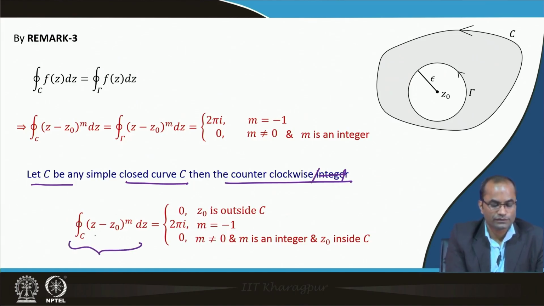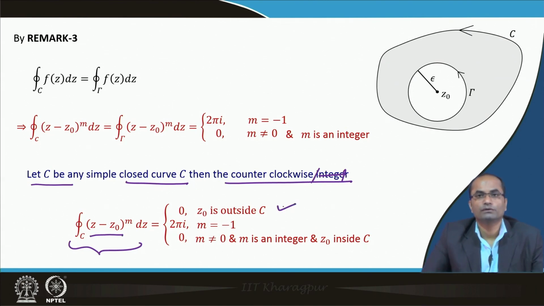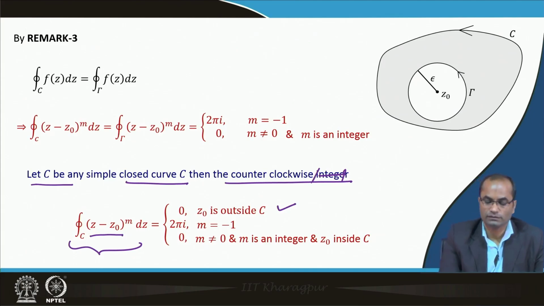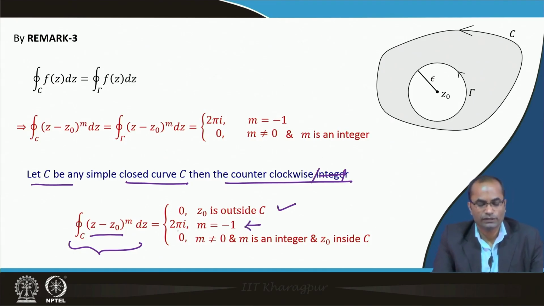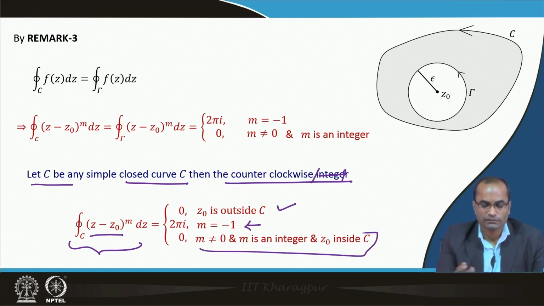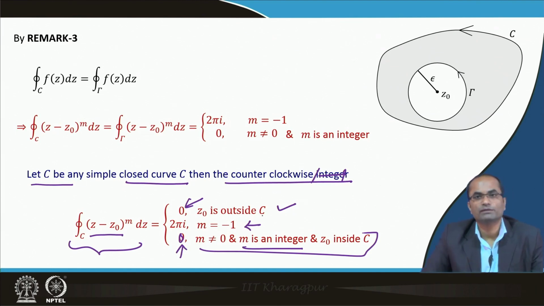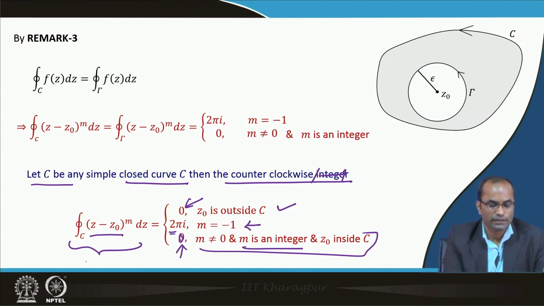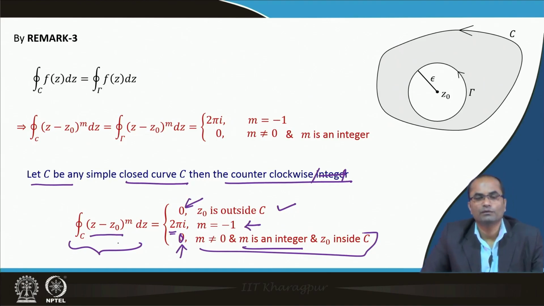The integral over the closed curve C of (z minus z0) to the power m dz is 0 when z0 sits outside C, or 2 pi i when m is equal to minus 1; that is the only case where the value is different from 0. Whether z0 is inside or outside, the value is 0 for any other integer m, and only for m equal to minus 1 is the value 2 pi i.